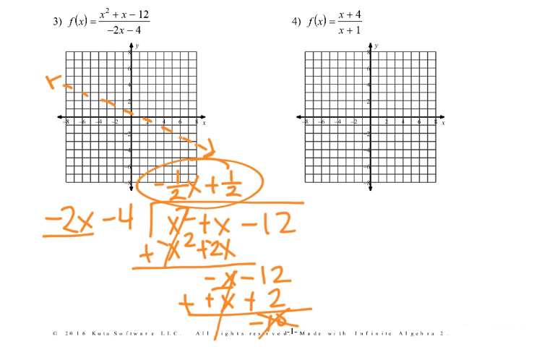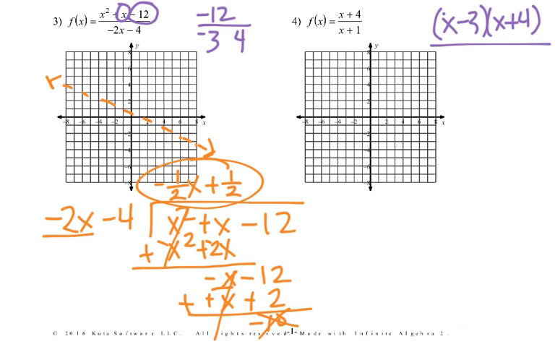Now we simplify. Factors of negative 12 that would add up to positive 1: 3 and 4, with 3 being negative. So the top is really x minus 3 times x plus 4. The bottom, I can pull out a negative 2, and that would give me x plus 2. So nothing can be eliminated there.